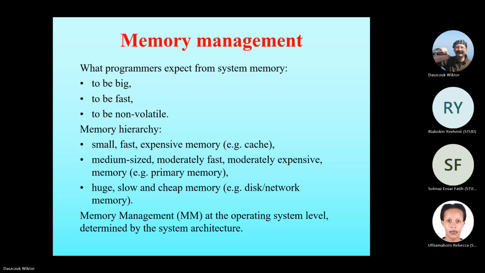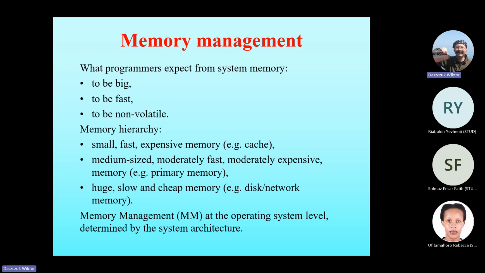Typically, we have some hierarchy of memories. The fastest memory is registers inside a processor. The access time is nanoseconds for registers, so this is extremely fast.